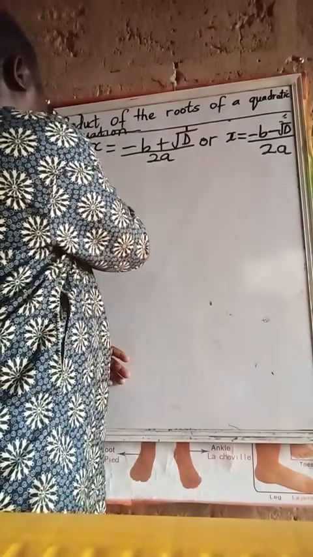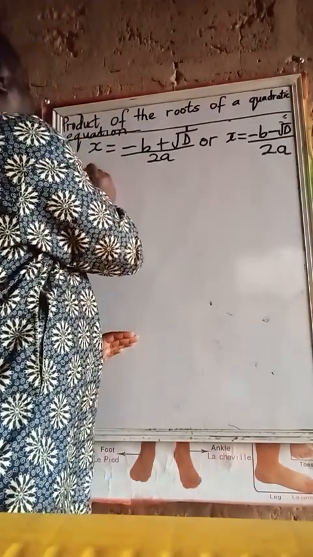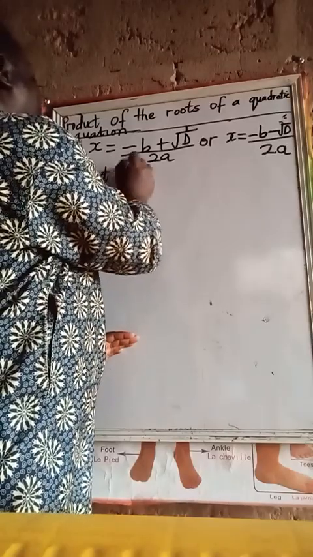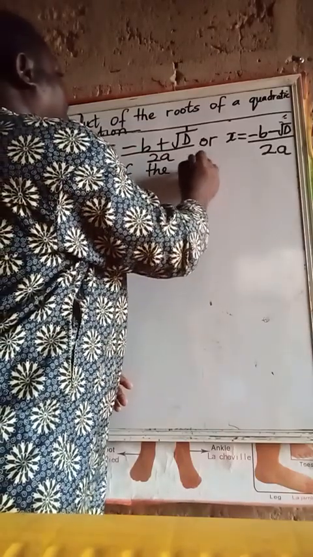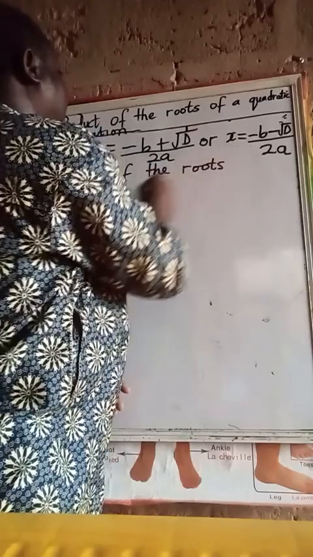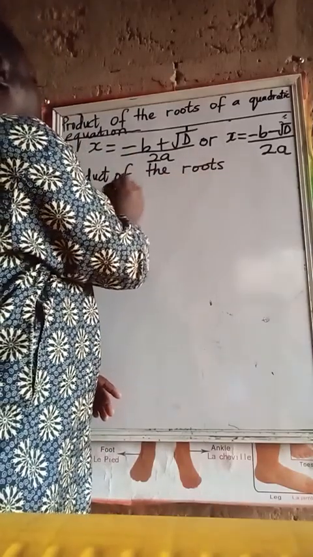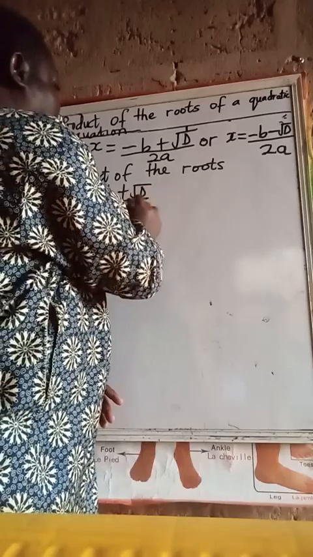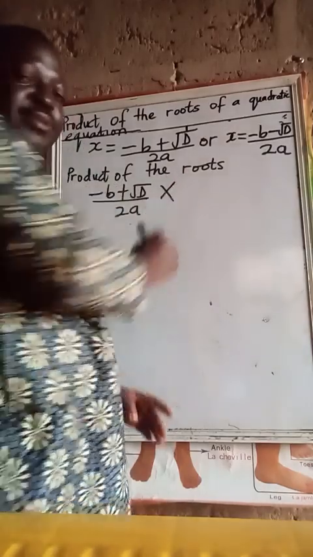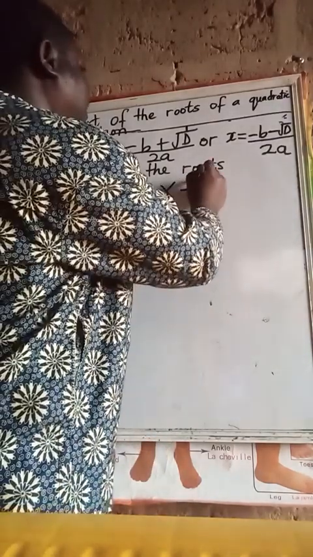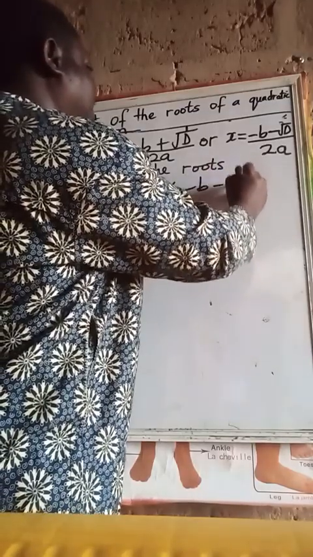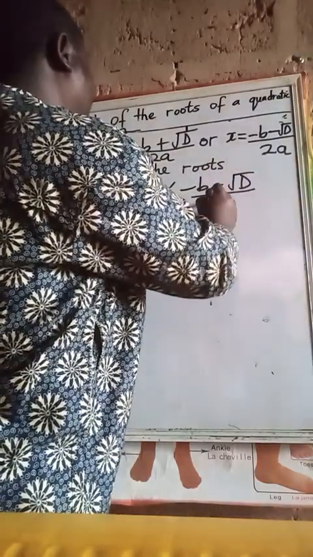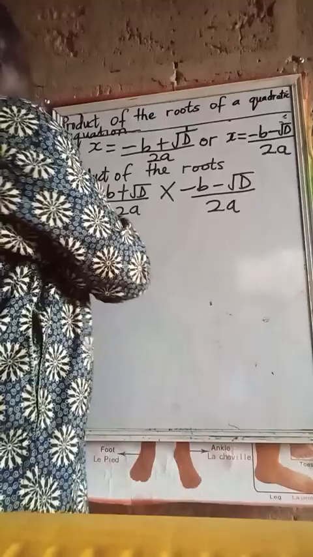So the product of the roots now becomes minus b plus root d over 2a times minus b minus root d all over 2a.